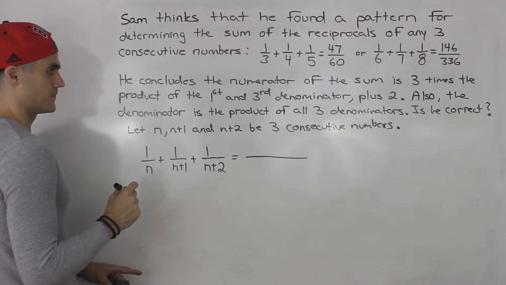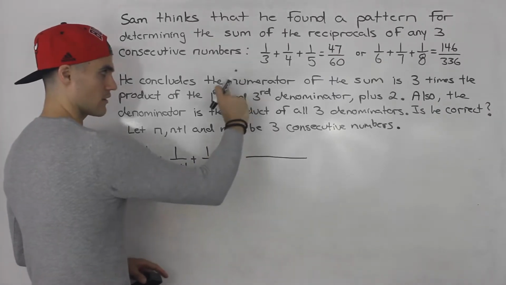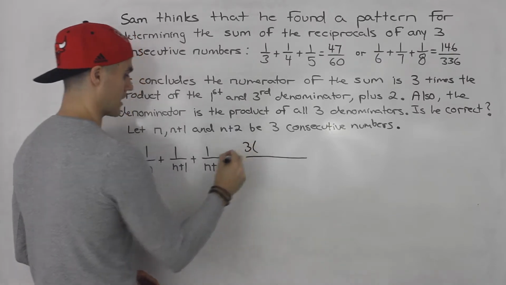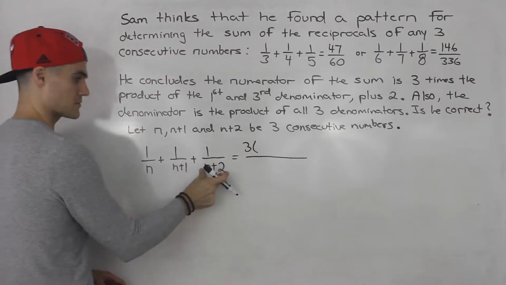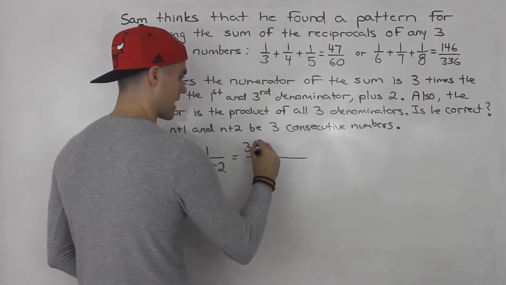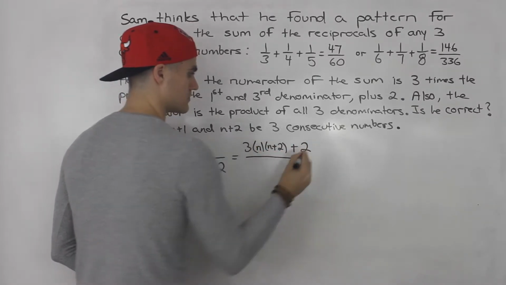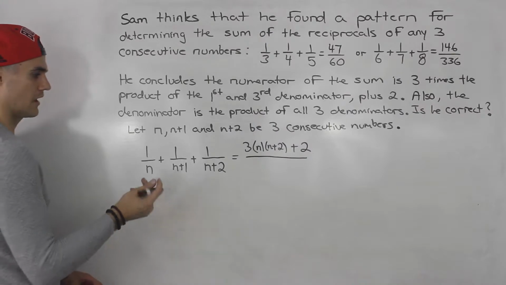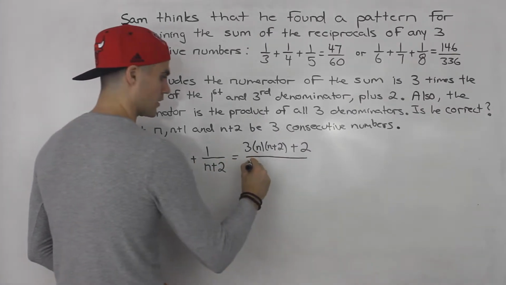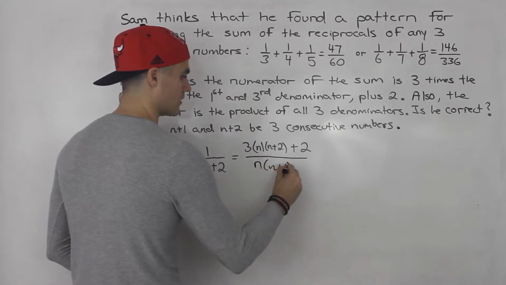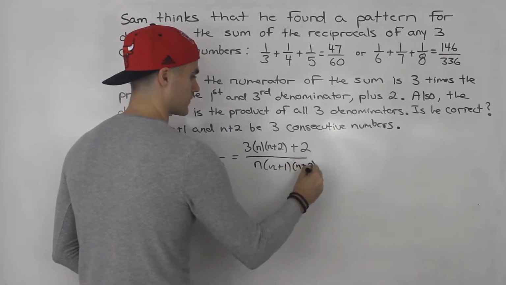We want to get the pattern that we observed, so 3 times the first denominator times the third denominator, so 3 times n times n plus 2, plus 2. And then the denominator here would just be all of these multiplied together, n times n plus 1 times n plus 2.